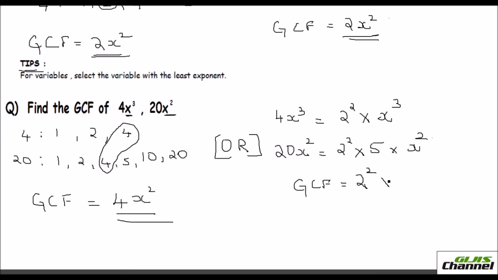And for x, take the least power, so I would take x squared. The least exponent you have to take. So your GCF is equal to 2 squared which is 4, times x squared, so 4x squared. Did you understand?